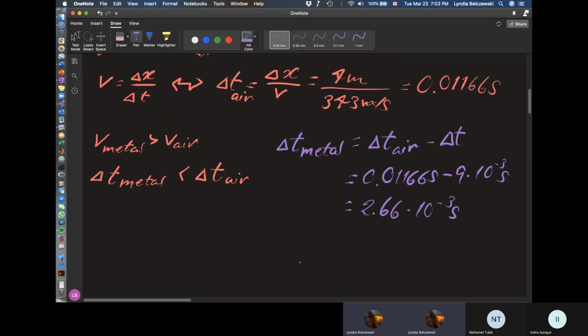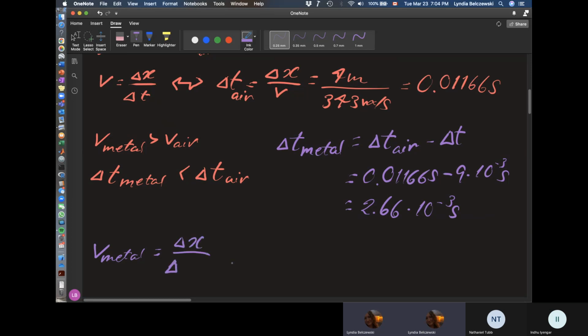Now to find the speed of sound in the metal, we just have to divide 4 meters by this time that it took to travel the 4 meters. V metal is equal to, I'm just calling it delta X, you can call it L or D or whatever you want to.